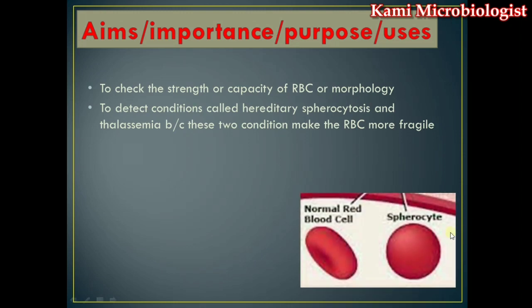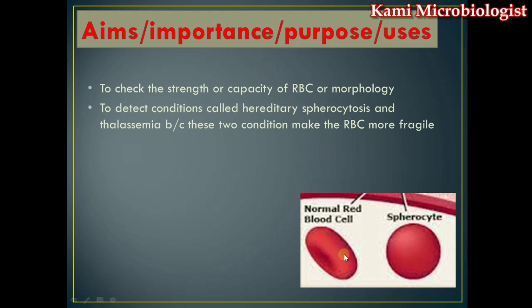Now as you can see, this is the spherocytosis. When the RBC are in a spherical shape, this is the abnormal structure of the RBC. Due to this abnormal structure, water molecules can pass in, but will not be released out again from the cell, so the cell will swell up and burst.